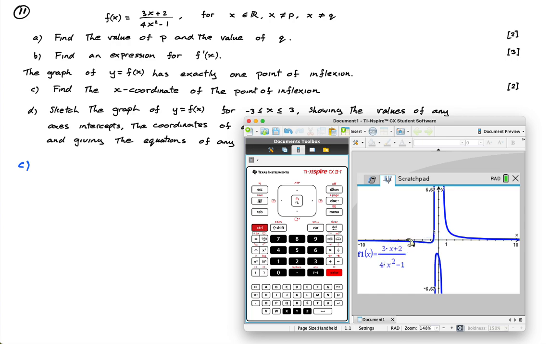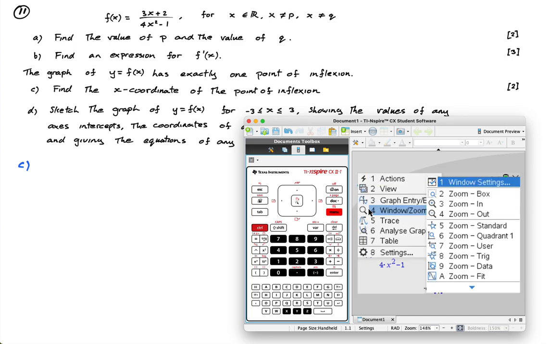Look, because a point of inflection is where it changes from concave down to concave up, or concave up to concave down. Now, this entire part here is concave up. This entire part here is concave down. This is all concave up. But this is concave down to concave up. So it's going to be around here somewhere.